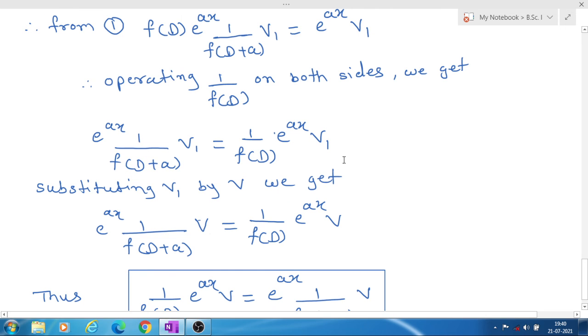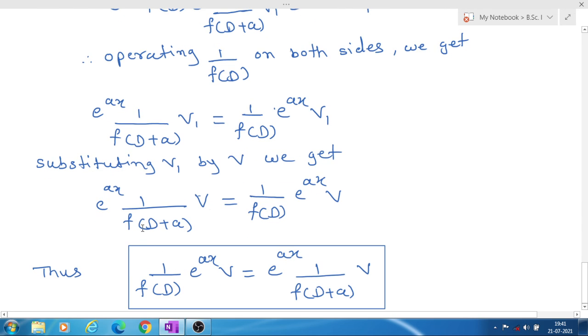Now on both sides there is v1, so we can substitute v1 by any other letter. So we substitute this v1 by v. Therefore we get e raised to ax into 1 upon f(D plus a) into v is equal to 1 upon f(D) e raised to ax into v. So we got our formula.